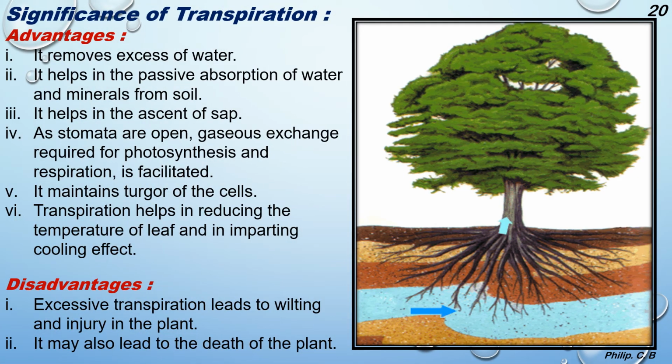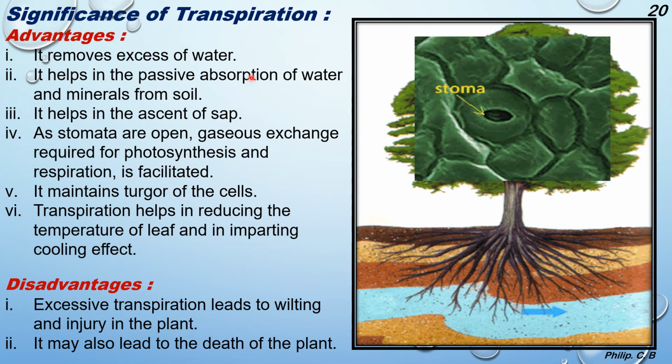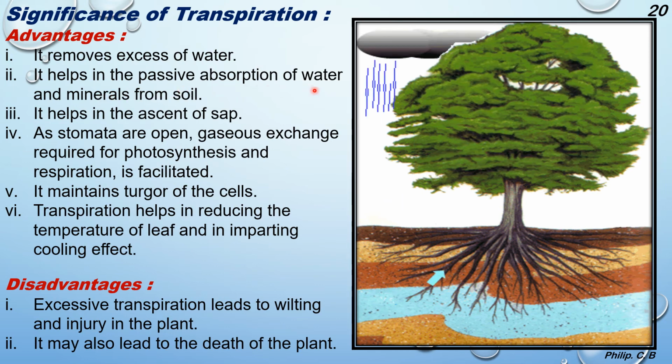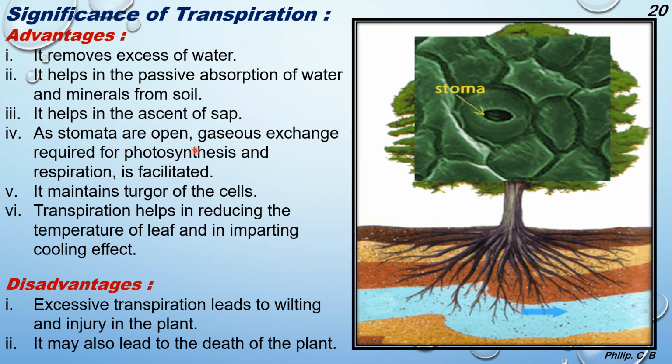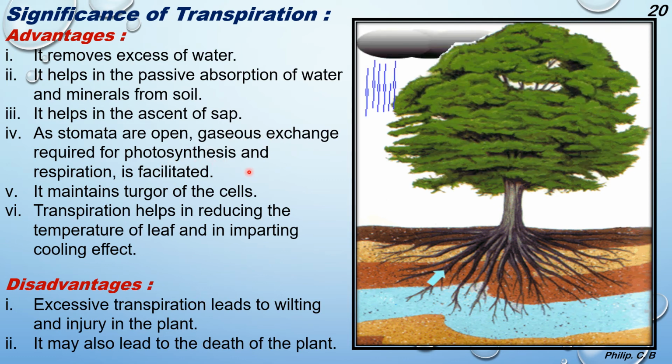Now, significance of transpiration. Advantage: it removes excess of water. Second, it helps in passive absorption of water and minerals from the soil. Third, it helps in ascent of sap. Fourth, as stomata open, gaseous exchange required for photosynthesis and respiration is facilitated. It maintains turgor of the cells.